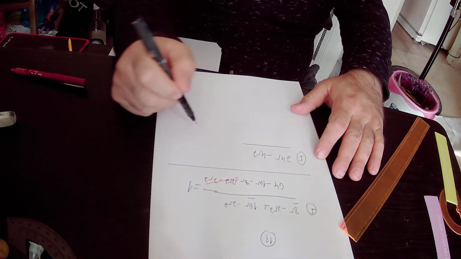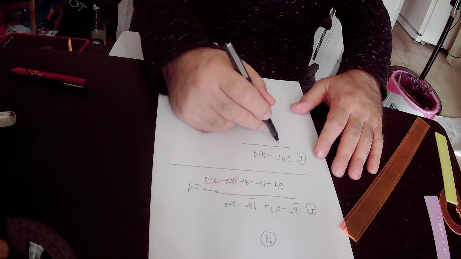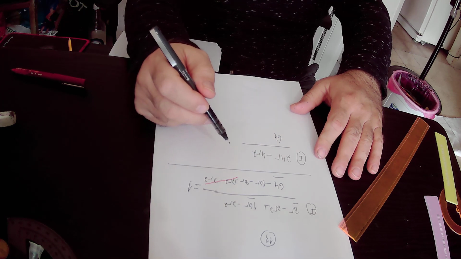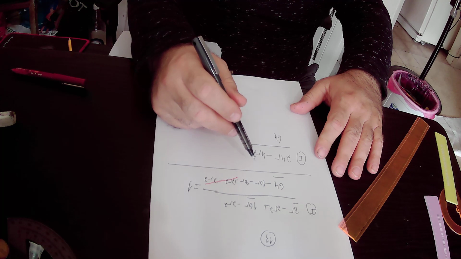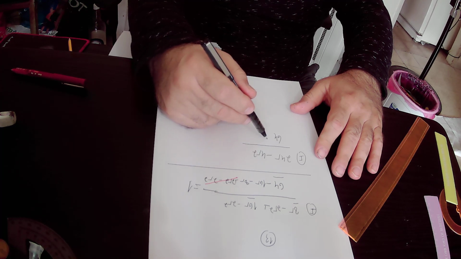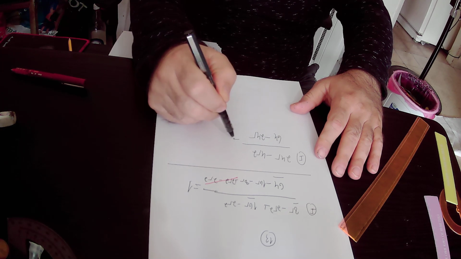over 64 minus 16r minus 8r is minus 24r equals to 1.